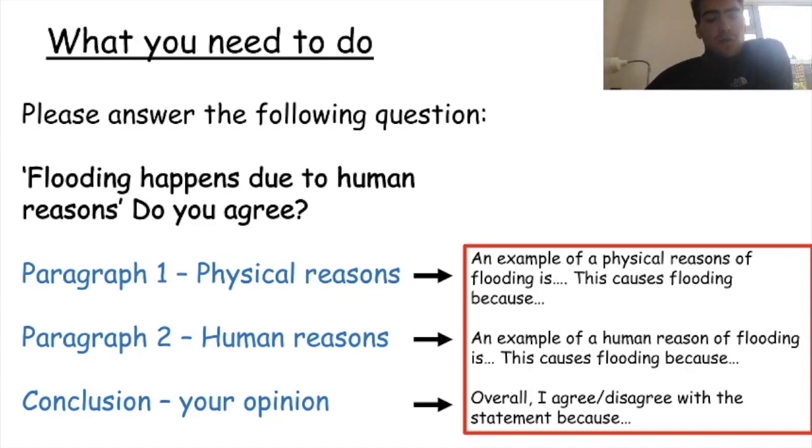So all I want you to do for this week's work is answer this question, and it should be about half a side of A4. So I want it to be 3 paragraphs, the first paragraph being physical reasons, the second paragraph being human reasons, and the conclusion at the end, which is your opinion. So I've given you there a little bit of some sentence starters to give you a hand. If you follow that structure, then I'm sure you'll write some amazing answers to that question.